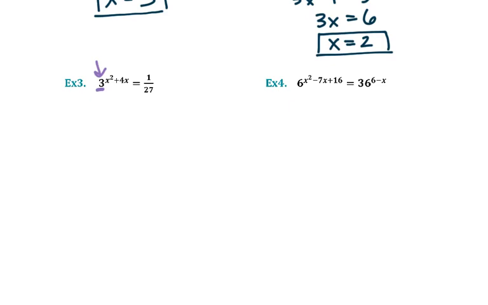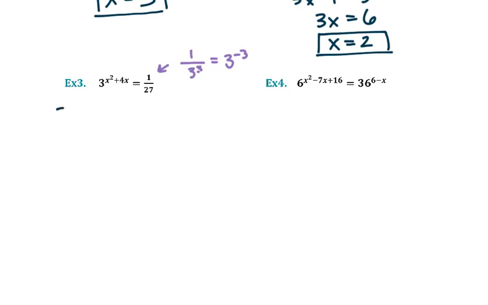What are some powers of 3? Is 27 a power of 3? 27, this is the same as writing 1 over 27 is 3 cubed. So because it's in the denominator, that could also be 3 to the negative 3.